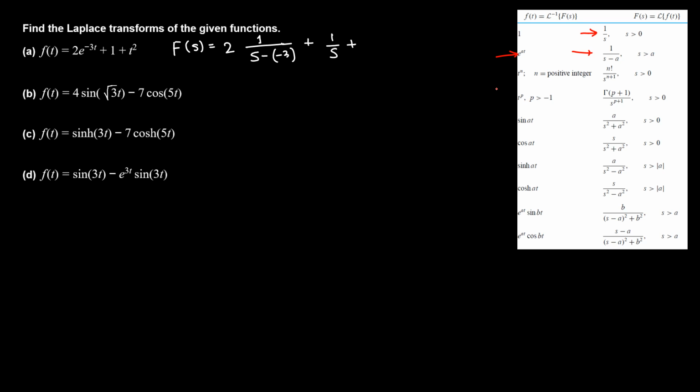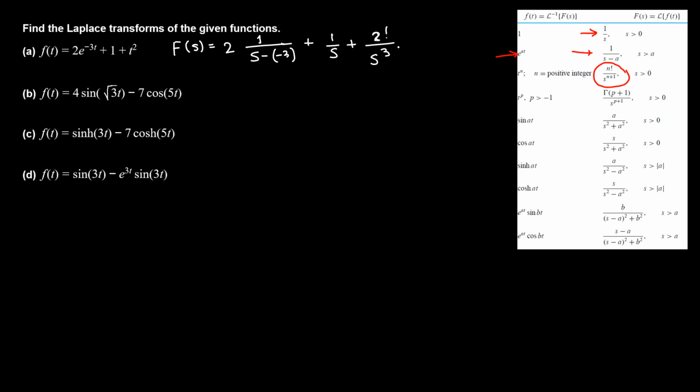Again, looking at the table, for t to the n, the formula is n factorial over s raised to n plus 1. For t squared, n is 2, so 2 factorial over s raised to 2 plus 1, which is s cubed.